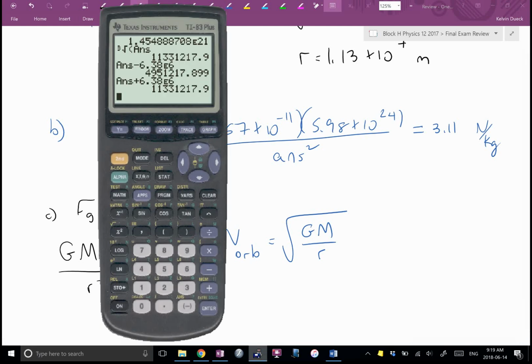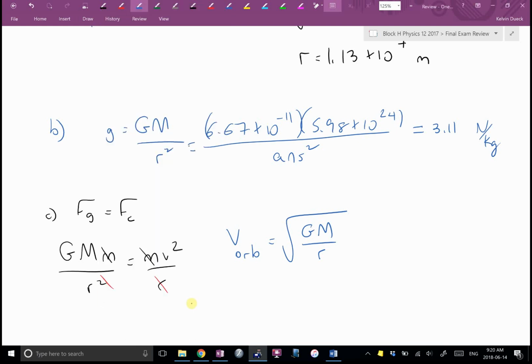So if I want the orbital speed, it's going to be 6.67 times 10 to the negative 11 times the mass of the Earth divided by r, square root of that, and I get 5933, almost bang on even, I'll take that. 5,933 meters per second.